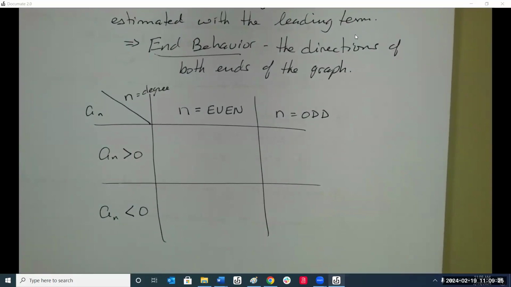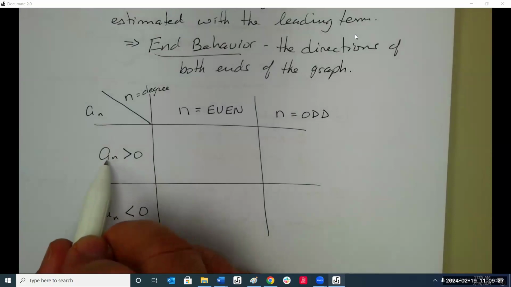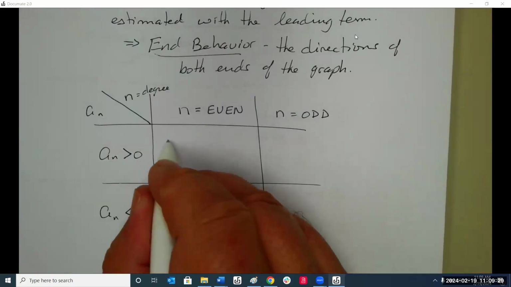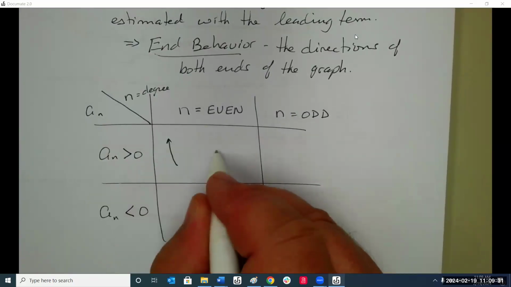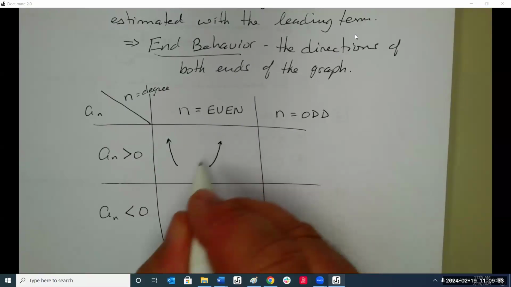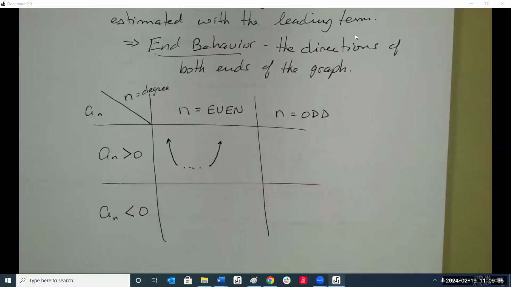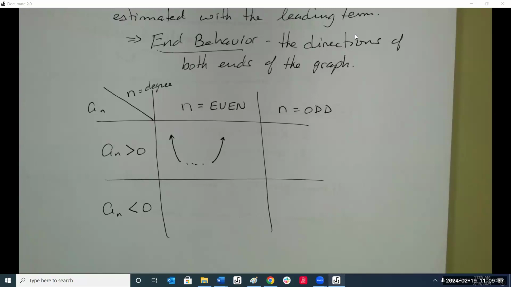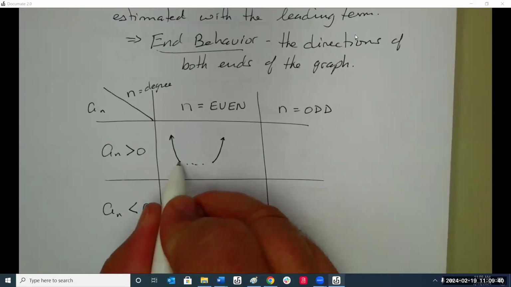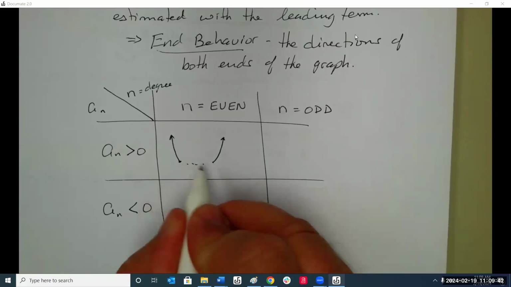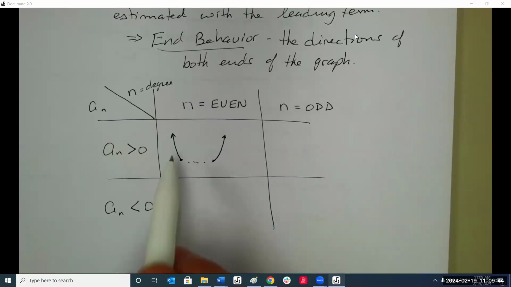This is just looking at the end behavior. So if it's positive and it's even, then both ends will be pointing up. What happens in the middle, we don't know. So from our first and last intercepts, the graph will be doing that.